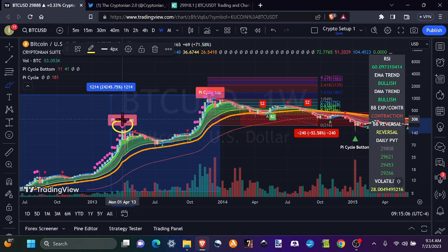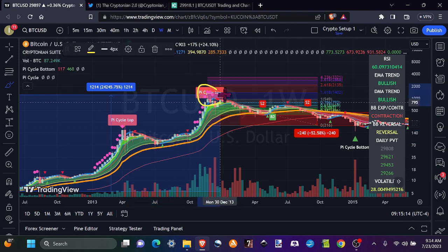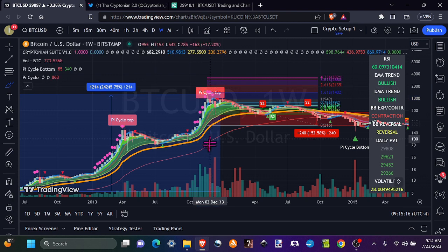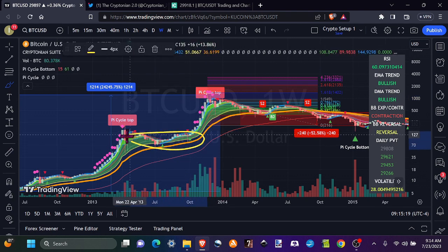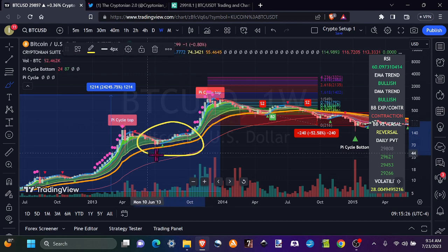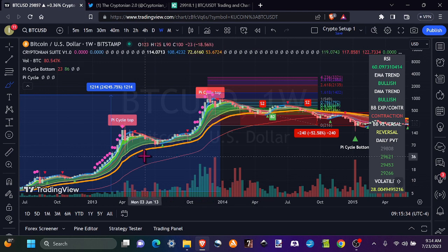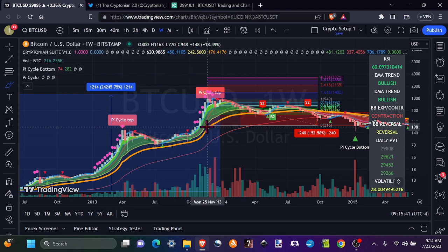And then we actually had a very bullish situation. We hit a pi cycle top, and then we had a very, very short-lived downtrend, and then we had a pi cycle top again. Now, of course, this downtrend here, this lull, was many months, and so it seems like it's a small, short pullback on the chart, but this was a better part of, let's see, this is almost, yeah, April to November.